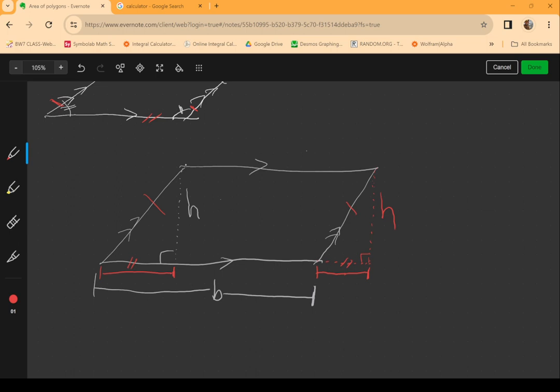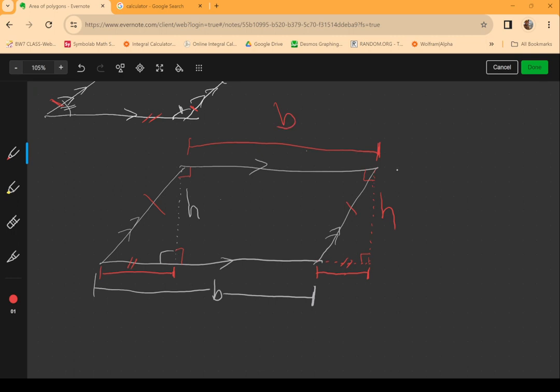Well, if I look at the overall bigger figure on the left here, the dashed h across here, well, now that's a rectangle, right? All these angles are 90 degrees, and I know the formula of a rectangle: it's length times width. In this case, the length is going to be the base, because from here to here is going to be b.